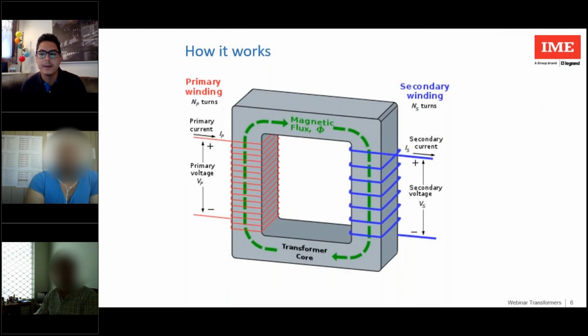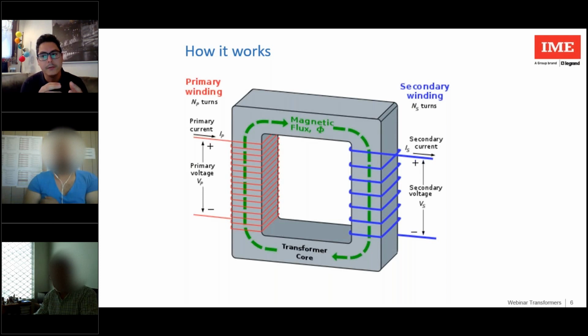An electric current in the primary winding generates a variable magnetic flux in the transformer core and consequently a variable magnetic field through the secondary winding, by Faraday's law and Lenz's law.